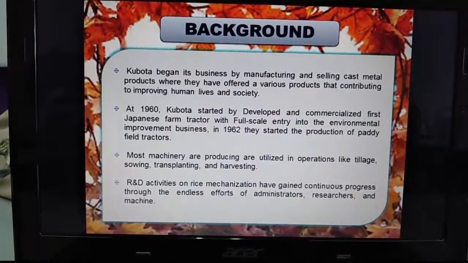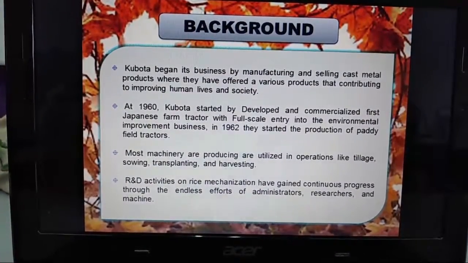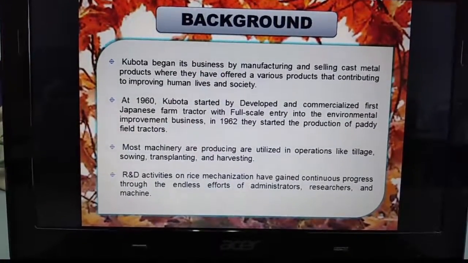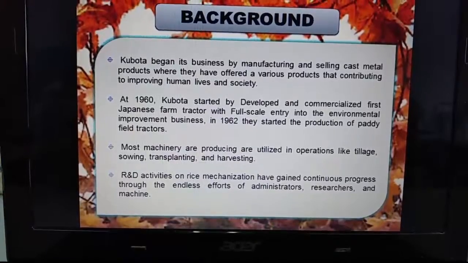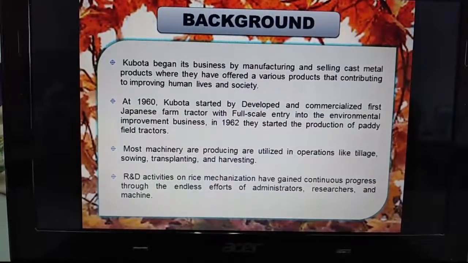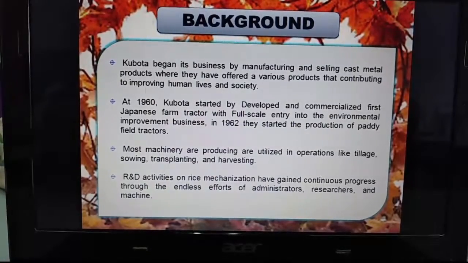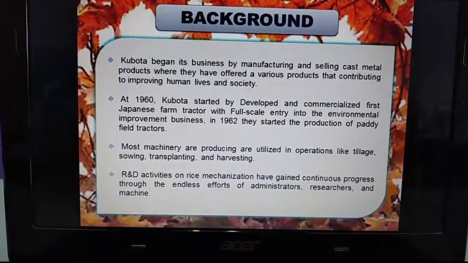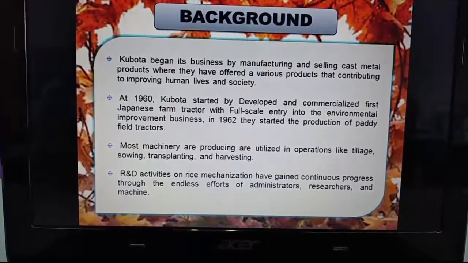In 1960, Kubota developed and commercialized the first Japanese farm tractor with full-scale entry into the environmental improvement business. In 1962, they started the production of paddy field tractors. Kubota mechanization saved time and labor for paddy field processing.